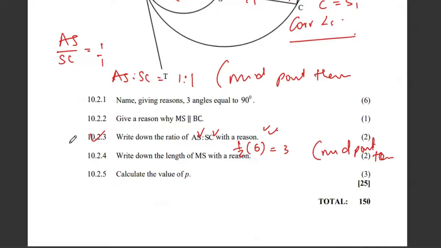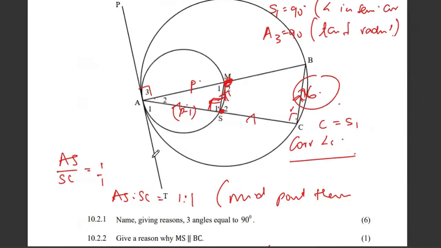Then lastly, they want us to find the value of P. All right, so what are we going to do? Since we have a 3 here, we have a P and then a P minus 1, we can use the theorem of Pythagoras.